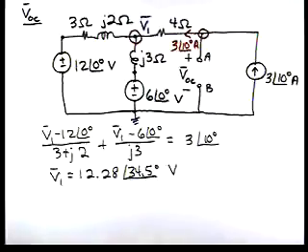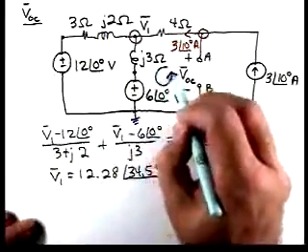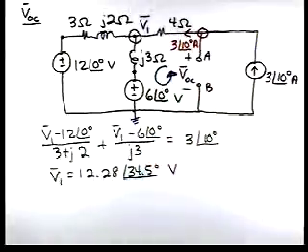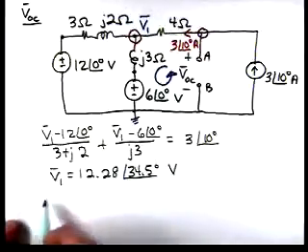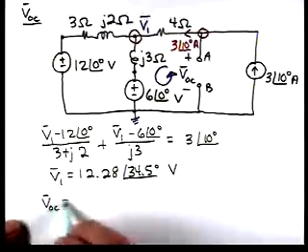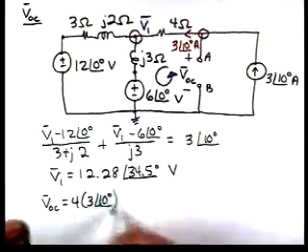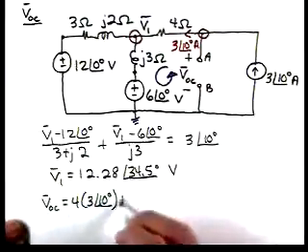Now, how can we get VOC? We can apply KVL around that loop, and if we do that, VOC is 4 ohms times the current, plus V1.